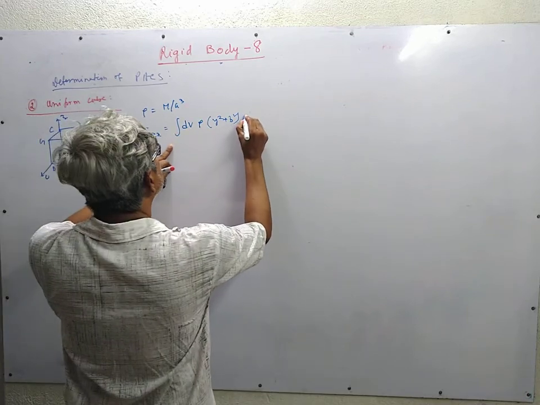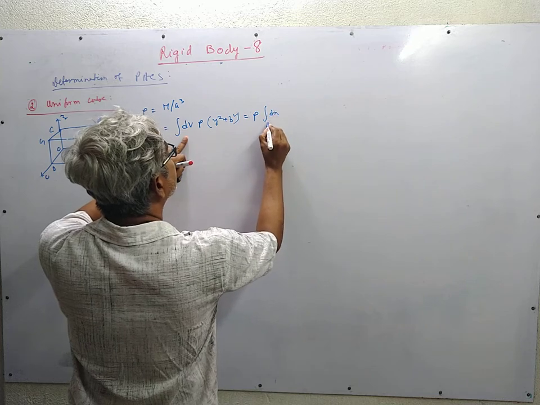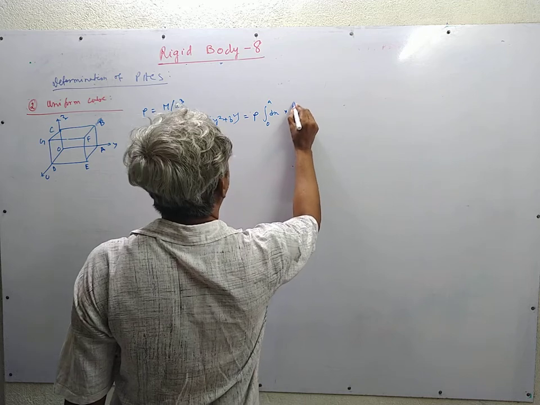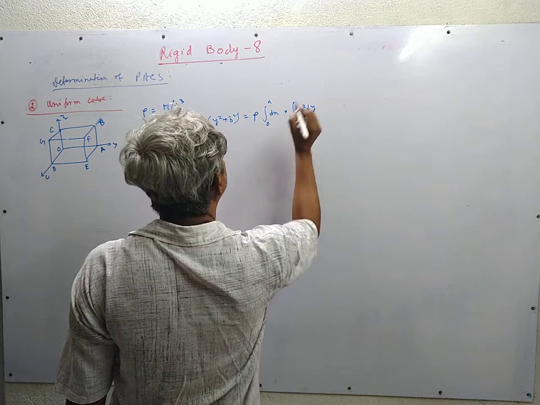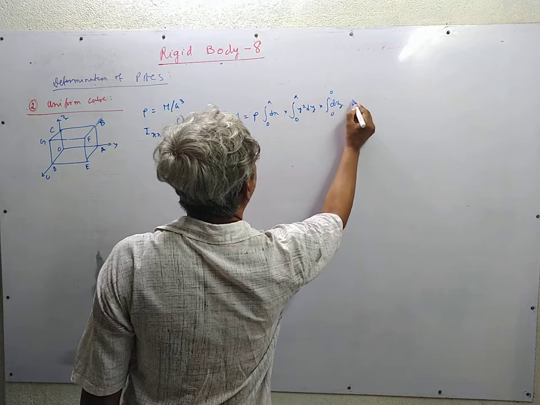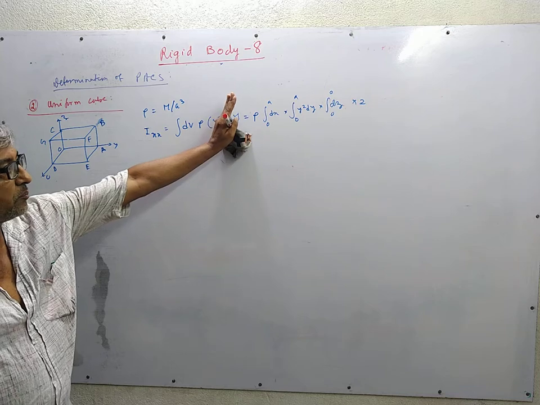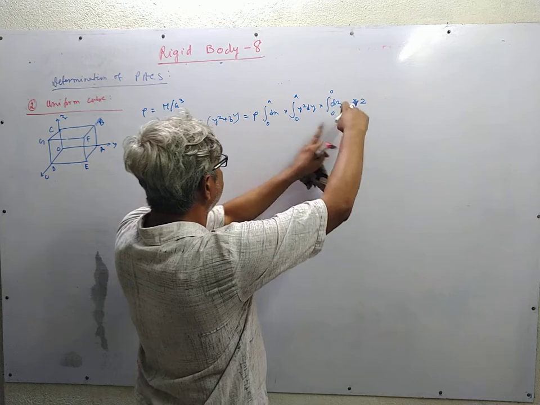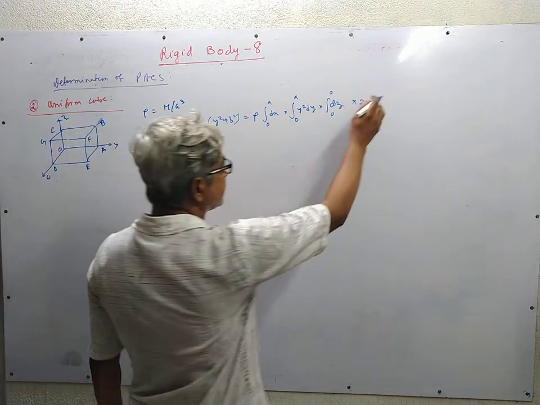If we write it explicitly, with rho taken out, this is dx from 0 to a, y square dy from 0 to a, dz from 0 to a, and multiplied by 2, because we have evaluated only the y part, not the z part, and the roles of y and z get interchanged, so we have written it as 2.